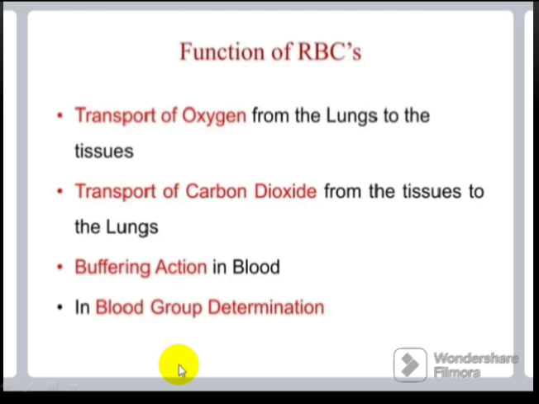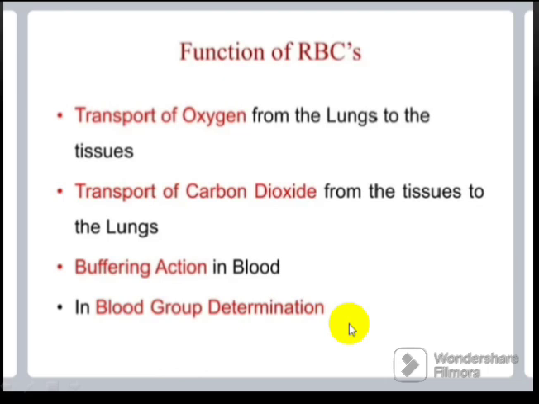But the red blood cell also has buffering action. So what component? Hemoglobin. It also has buffering action in addition to the plasma proteins found in the blood.